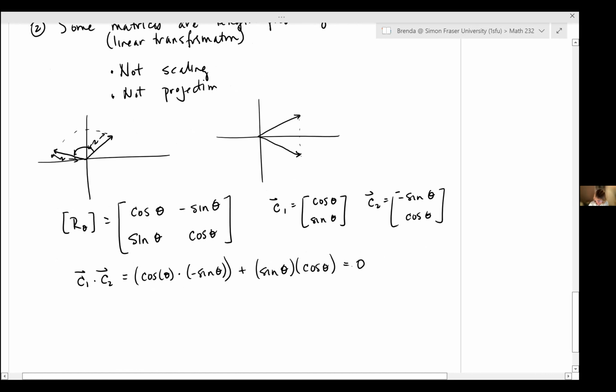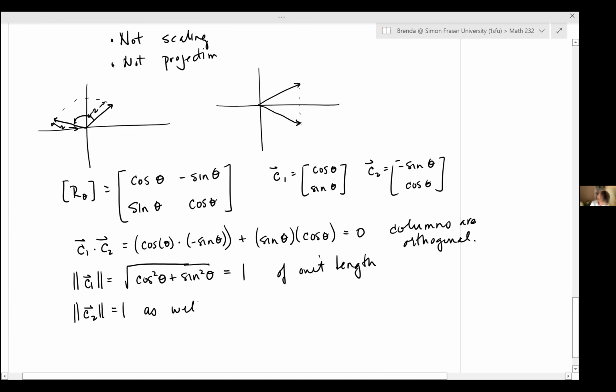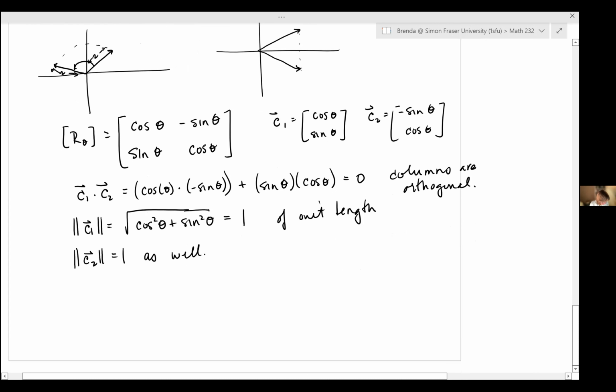The columns are orthogonal. Let's take a look at the length. The length of C1 is the square root of cosine squared theta plus sine squared theta, which is equal to 1. I take the square root of 1, I get 1. So it is of unit length. And the same thing happens with C2. C2 is also of unit length. It's the same exact calculation.